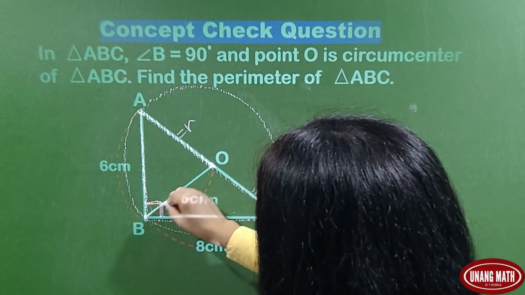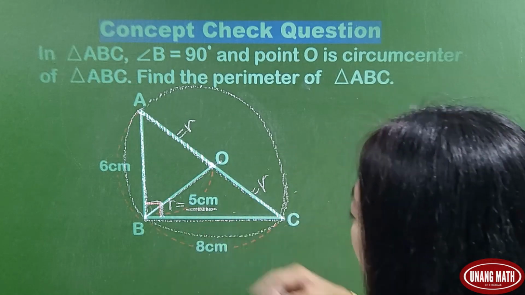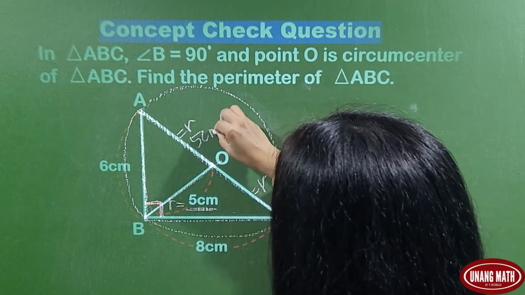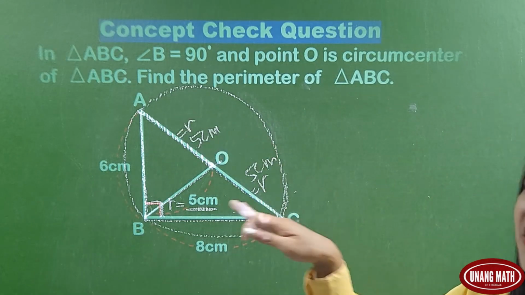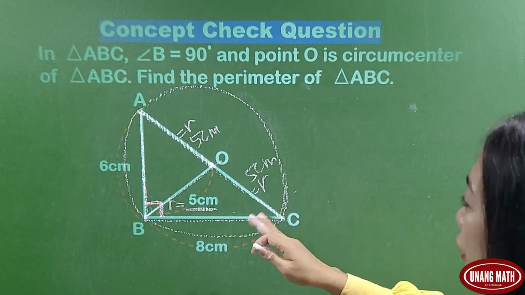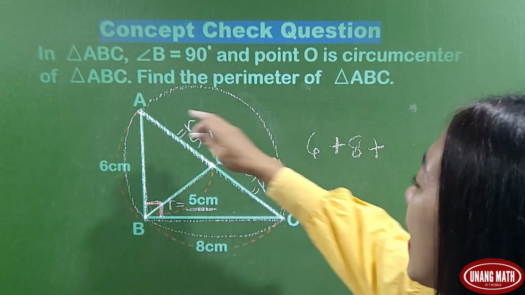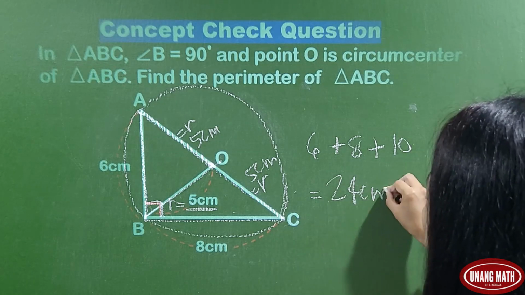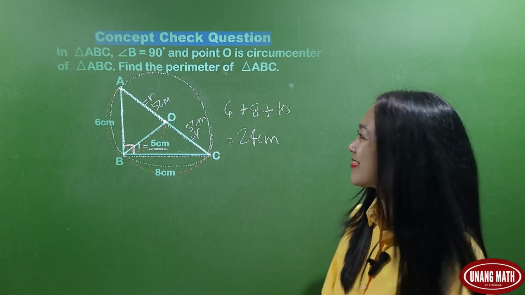From here to here, it's the radius. So we can see that the radius is 5 centimeters. It means this is 5 centimeters and this is 5 centimeters. Added together, that's 10 centimeters, or this is the diameter of this circle. So we have 6 plus 8 plus 10, which is equal to 24 centimeters. So the perimeter of this triangle is 24 centimeters.